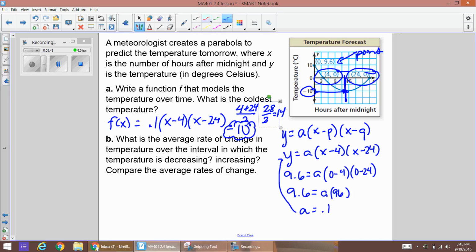Okay, part B is a little different. Part B is talking about the average rate of change in temperature over the interval. So, I'm going to need to erase so you can really see this. Rate of change, if you remember, is slope. And when we're talking slope, we are talking lines, not parabolas.